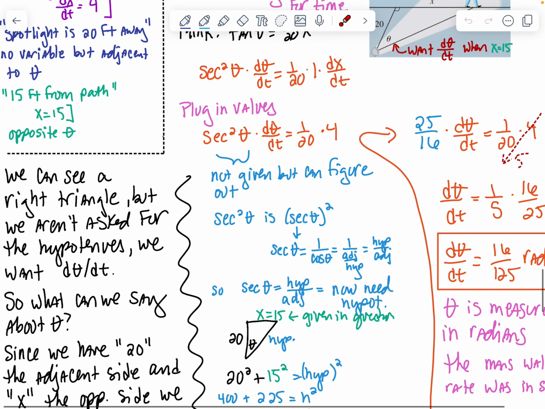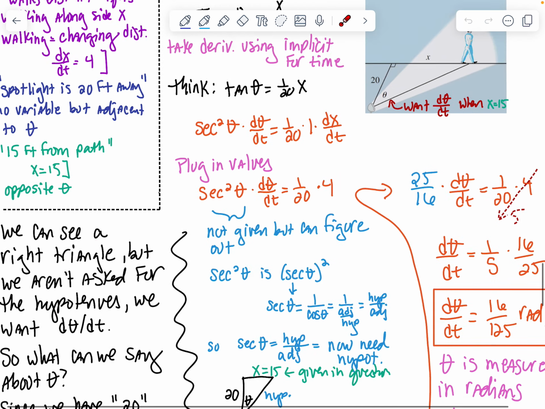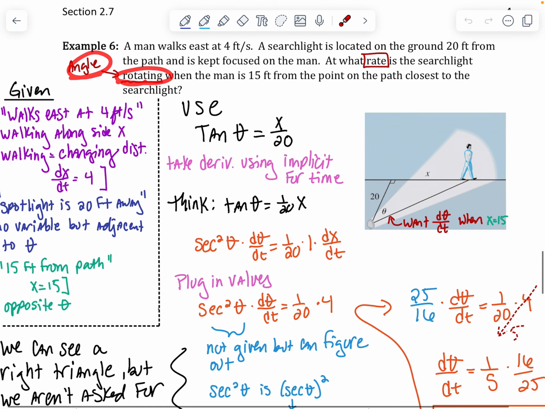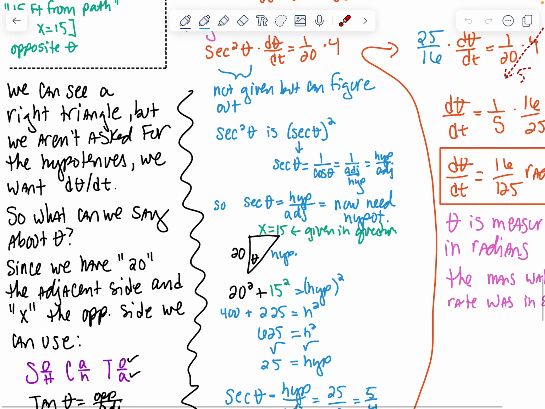So we've got that picture, and we can see it as a right triangle, even though that's not necessarily how it's drawn. But we only want a right triangle if we're worried about the hypotenuse using the Pythagorean theorem, and that's not what we want. The question is asking for the rate that the spotlight is changing, which we said is the angle. So we want dθ/dt. So we really need to focus more on theta.